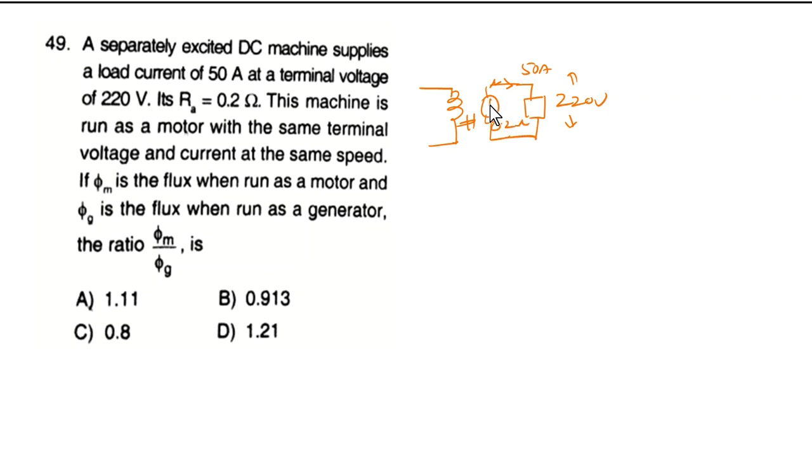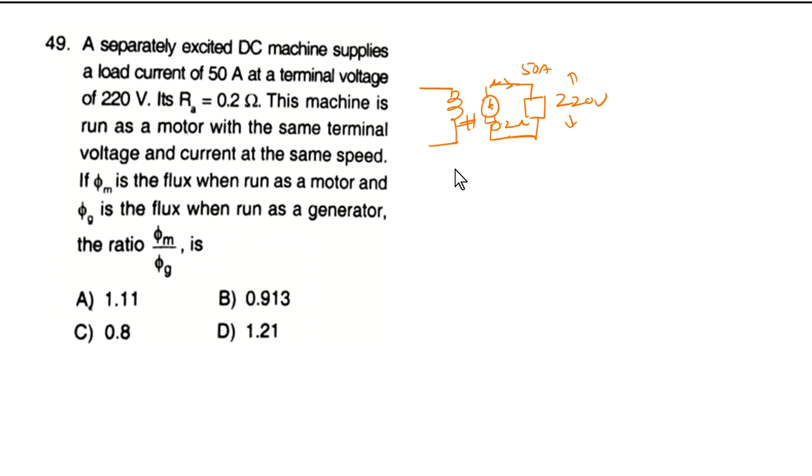The machine is running as a motor with the same terminal voltage and current at the same speed. If phi m is the flux when running as a motor and phi g is the flux when running as a generator, find the ratio of phi m by phi g.